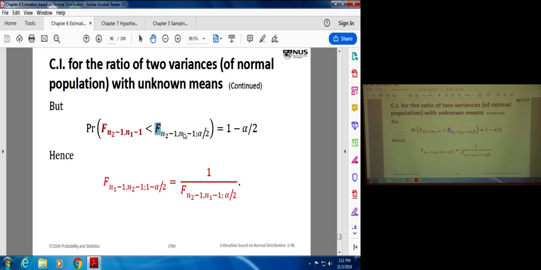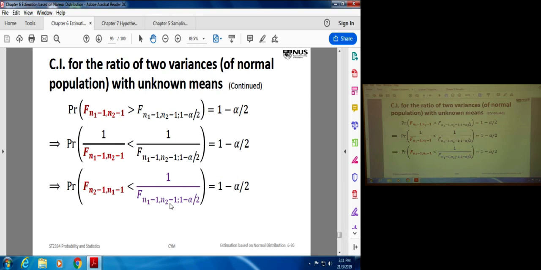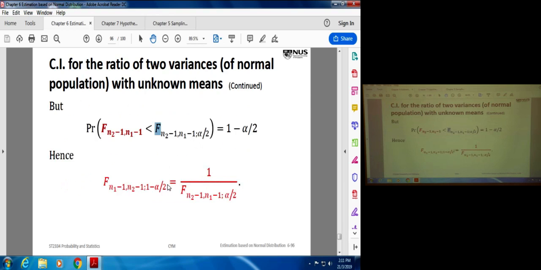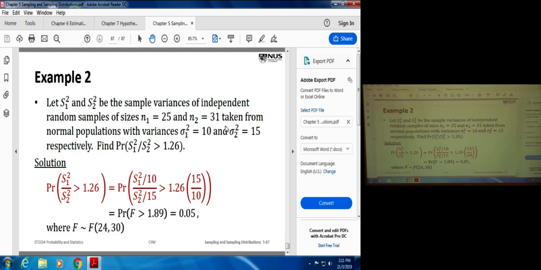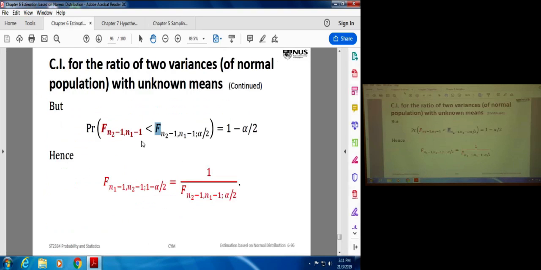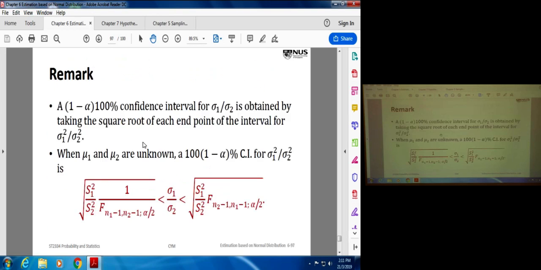This one equal to 1 over this thing is equivalent to doing the reciprocal of that relationship. That's where you get that thing. And that's here, this is what we're saying. This is theorem 5.8 actually. We didn't prove it apparently, but anyway, that's where you get it from.